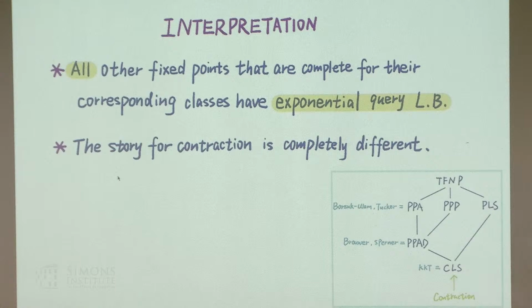Here we have such an interpretation: for all other fixed point problems, whenever we can show they are complete for some TFNP classes, they have exponential query lower bounds. And in fact, if you want to prove a fixed point problem is complete for some class, the first thing that we do is to prove an exponential query lower bound. However, this story for contraction fixed point is totally different, because that's just not possible. We have a query upper bound.